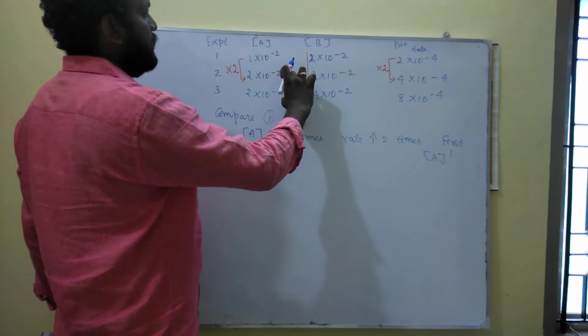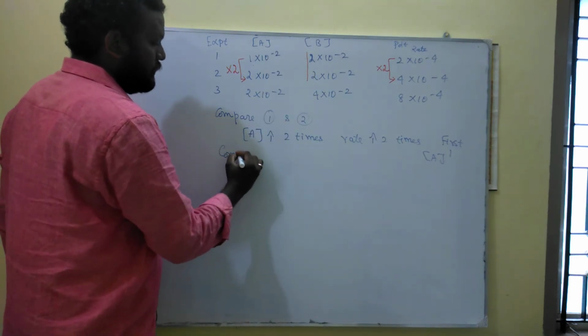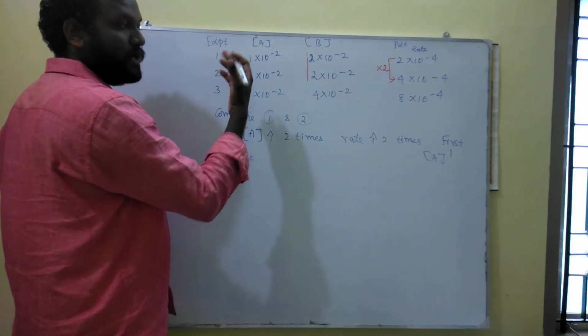Now another two we have to compare: A is kept constant in 2 and 3. Compare 2 and 3. In the last problem we compared 1 and 2 and 1 and 3.